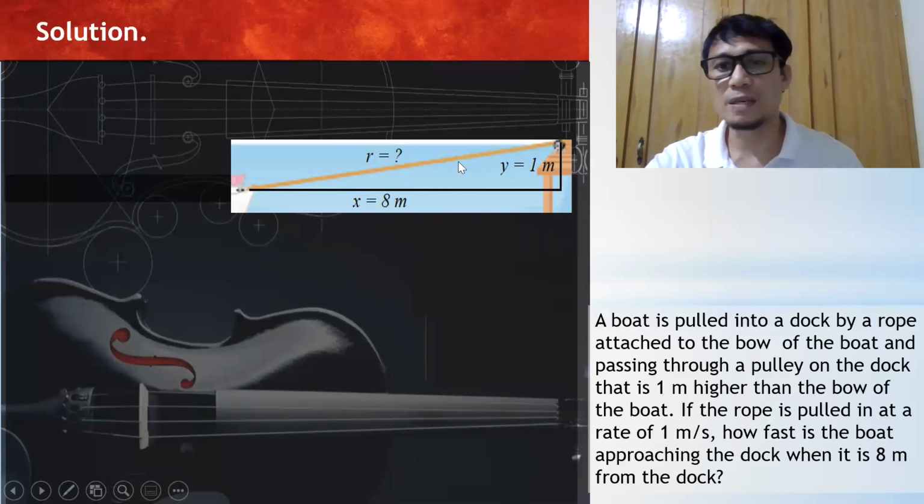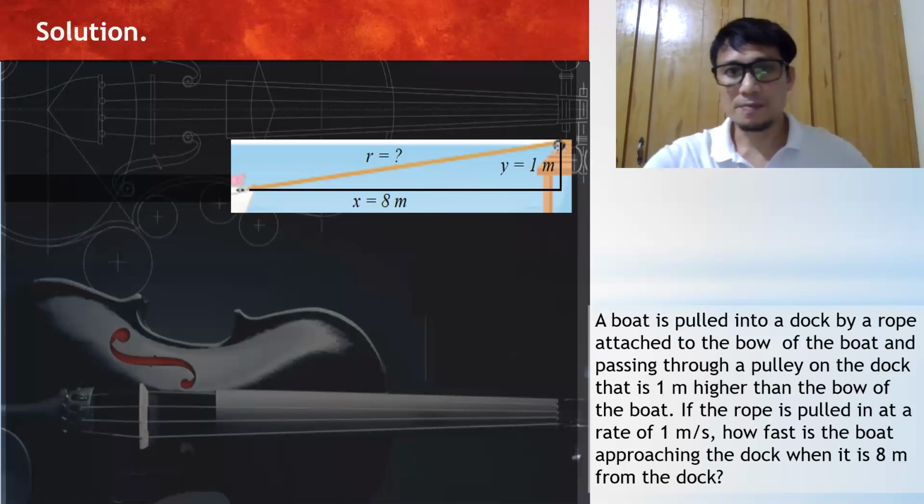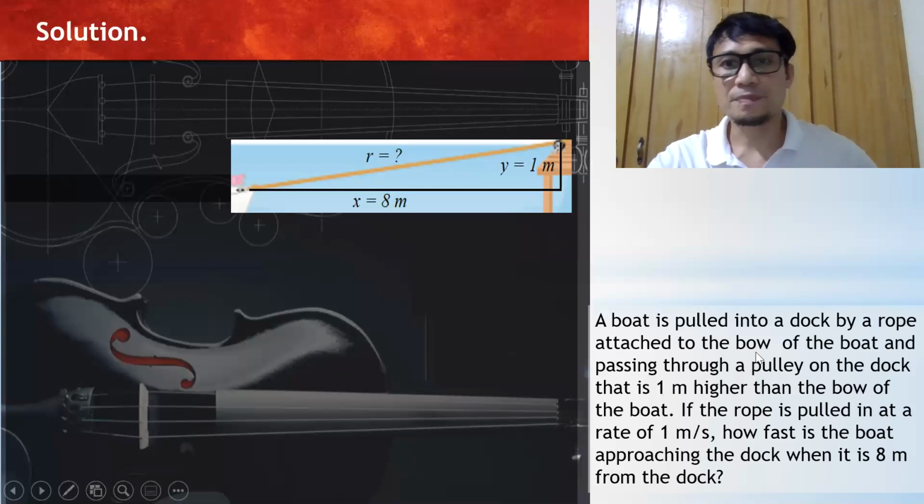That corresponds to the rope, actually. And obviously, because this is a right triangle, the Pythagorean theorem can be used in this case. Okay, but first let us identify the given values from this problem.